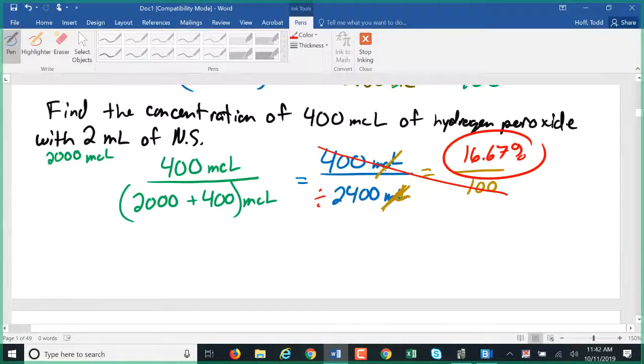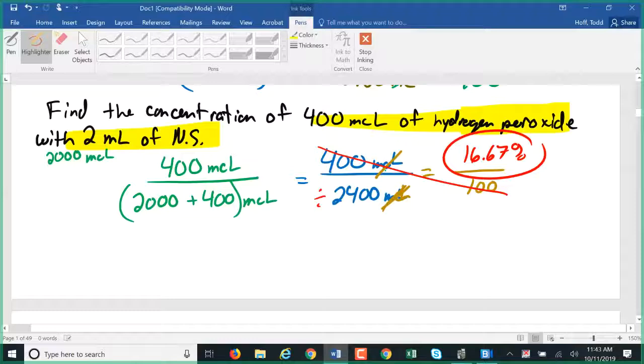Volume and volume is very convenient to calculate. There are some issues with volume and volume concentration. It is very precise if you do it correctly, but the calculation we just did, where I added a certain amount of a substance to a certain amount of saline, isn't always accurate.